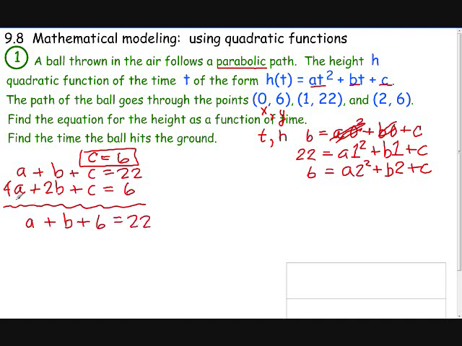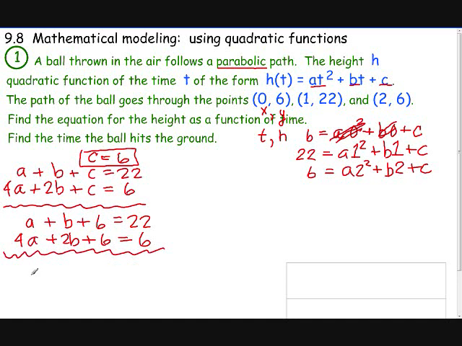This one, 4A plus 2B plus 6 equals 6. Now that can be simplified before I try solving this. I'm going to subtract 6 from both sides.